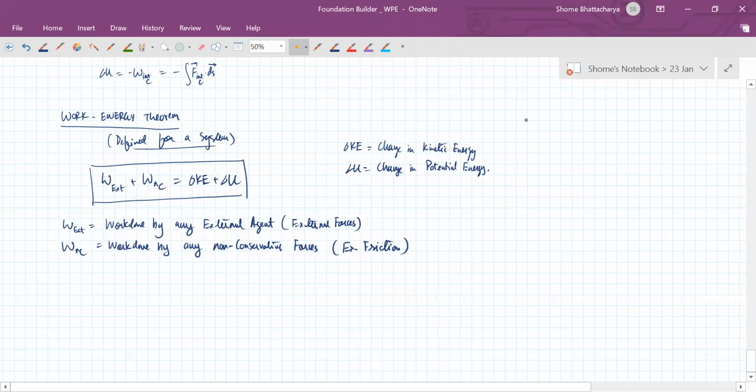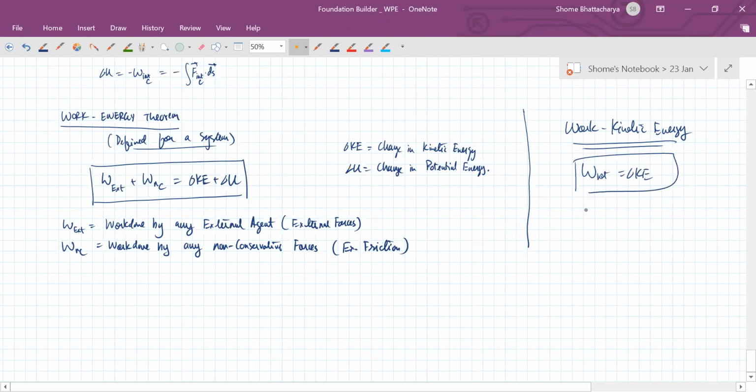So we will also see the comparison of this with the work kinetic energy relation that we'd seen earlier. And we'll see that it's one and the same thing, but we are expressing it in terms of potential and kinetic energy, whereas here we are expressing only in terms of kinetic energy. So this was that the net work done is equal to the change in kinetic energy.